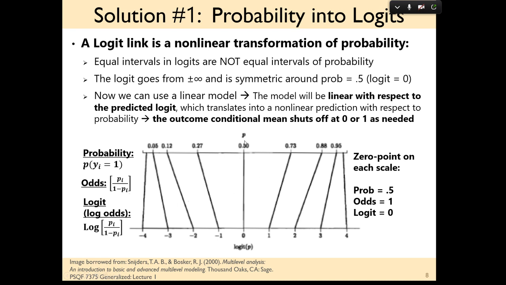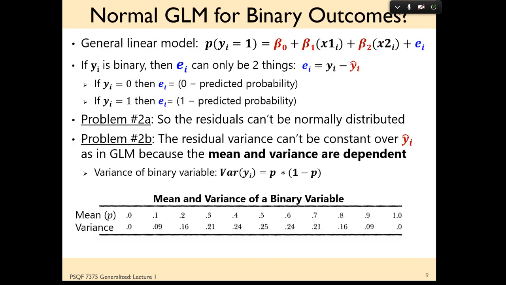So in terms of neutral points on these 3 different scales, a probability of 0.5 corresponds to an odds of 1, corresponds to a logit of 0. And people will write out this model as predicting one of those 3 things, and that's why the model looks so very different.